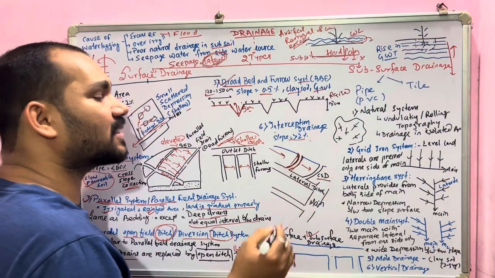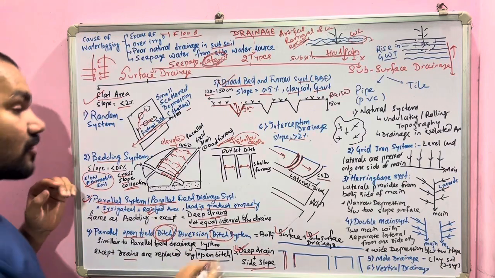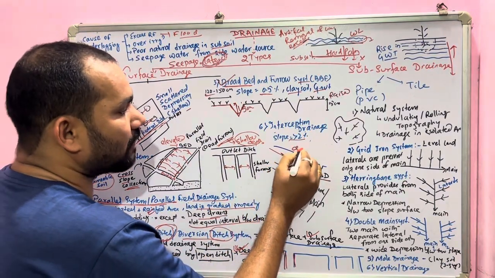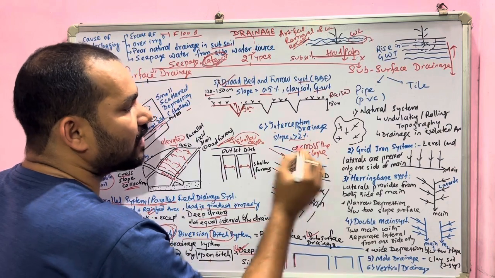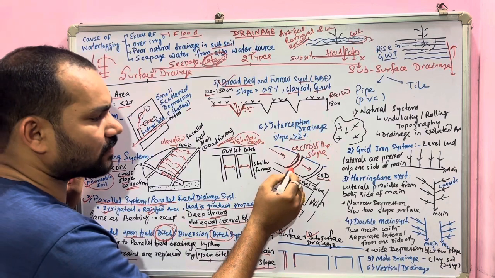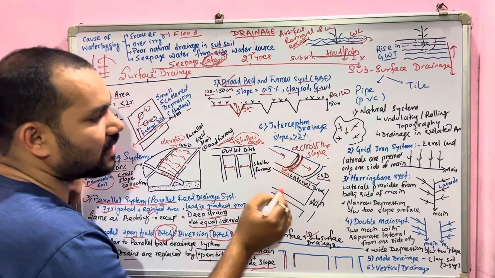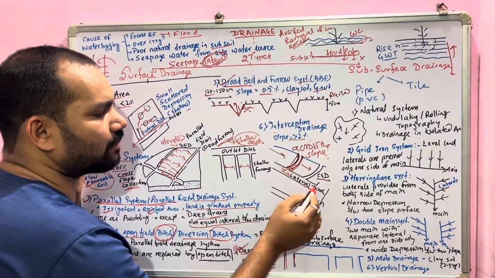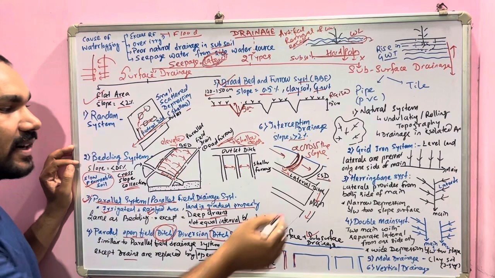I have told you, ditch means deep drain. So across the slope, always remember, I will prepare a cross slope ditch, and the water will be collected there and enter into the laterals. Then again from the laterals it will come to the main drainage channel.